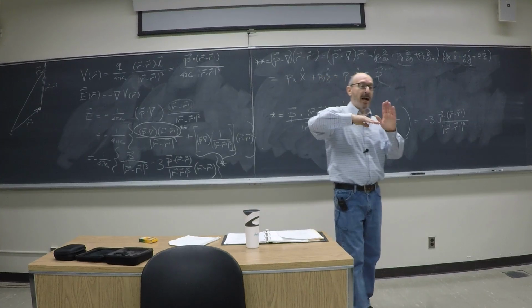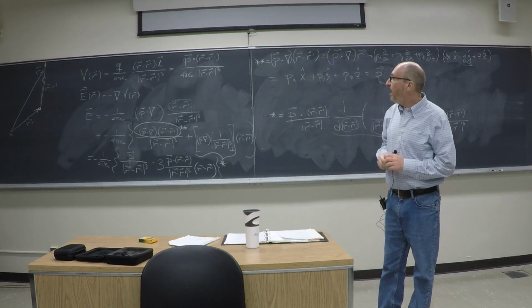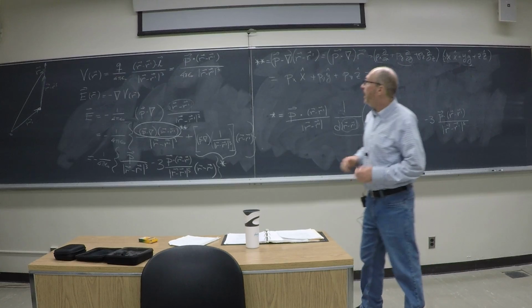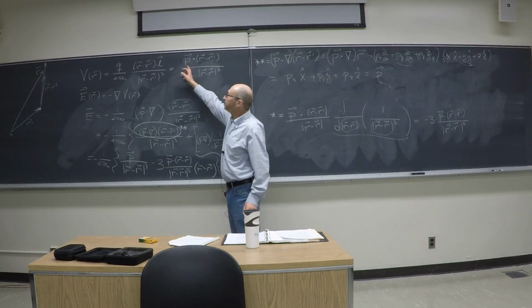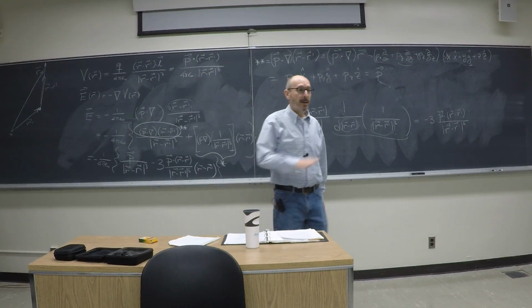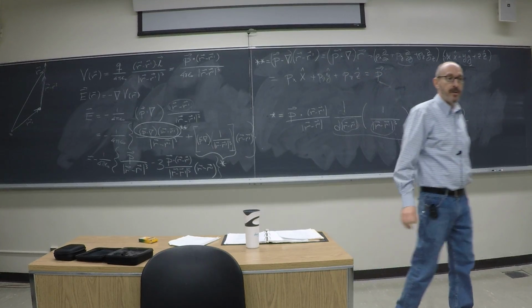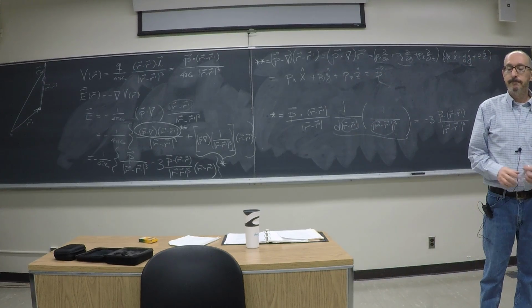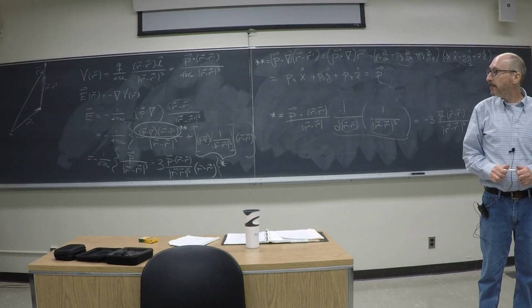So for points R minus R prime, when is R minus R prime geometrically perpendicular to P? What is the geometry of that surface?